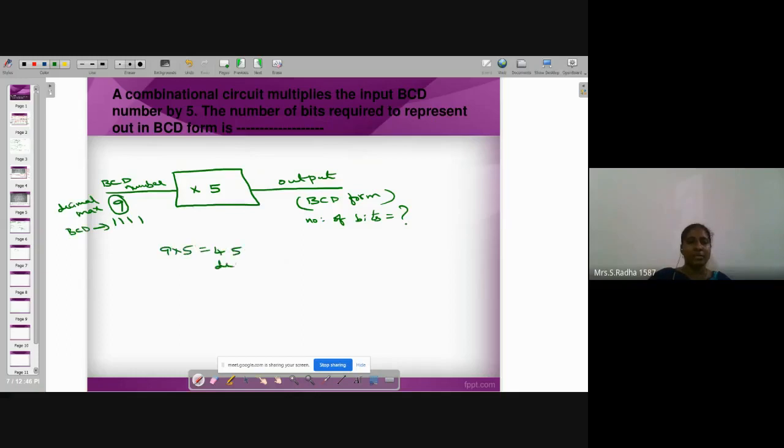This is the decimal representation of the output. Now, for representing 45, how many bits are required in BCD form? Post your answer in the chat box. Any answer?